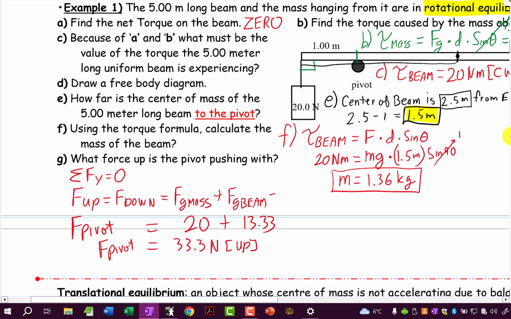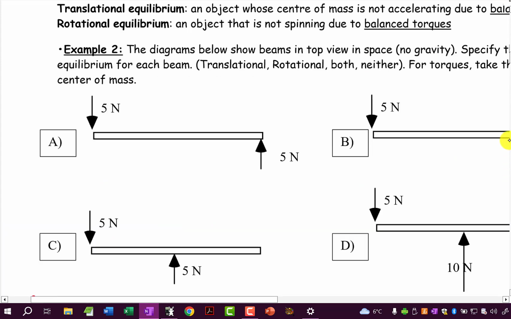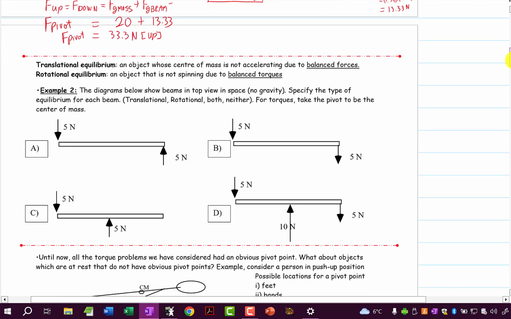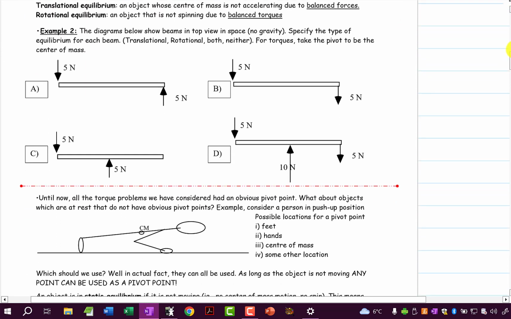Okay, let's tackle a couple little concepts before we do the next example. Translational equilibrium: an object whose center of mass is not accelerating because the forces are balanced.